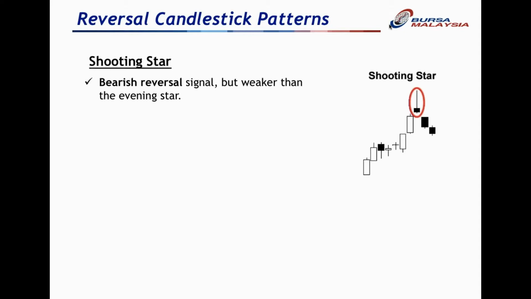The head hangs on top, and then there's a long shadow at the bottom. A shooting star is the reverse. The body is at the bottom of the candlestick, and then there's a long upper shadow. So it is also a bearish reversal signal like the hanging man, but it is slightly weaker than the evening star.